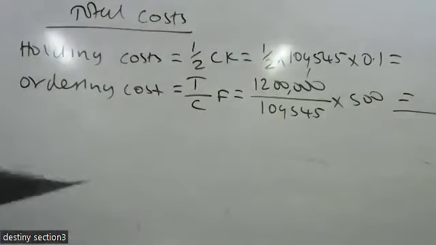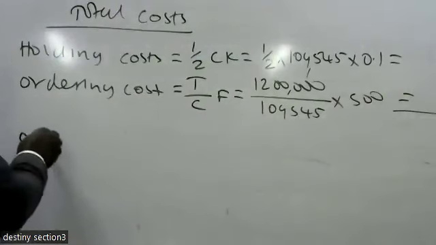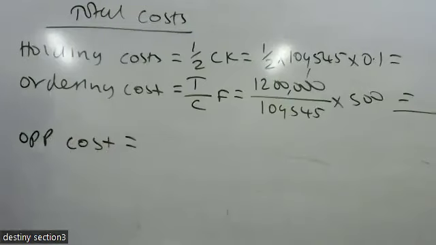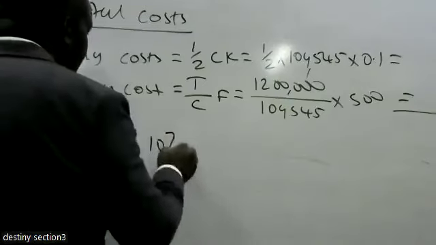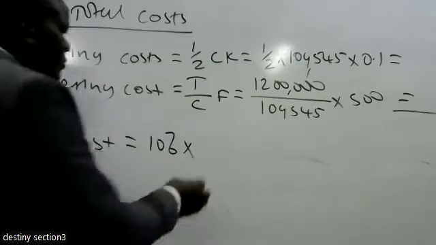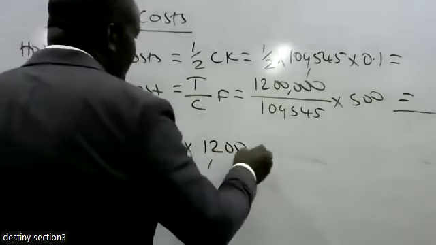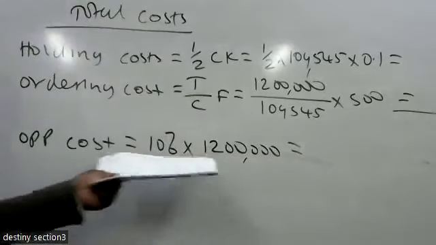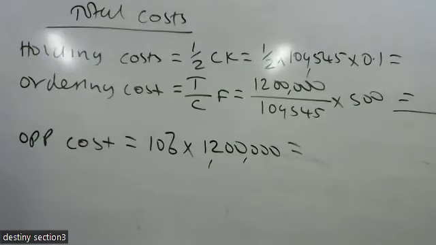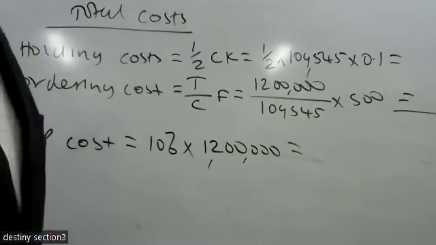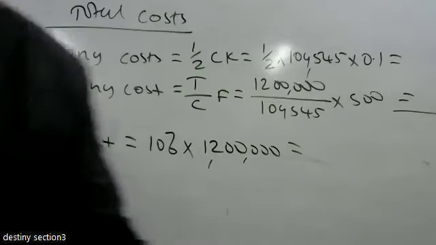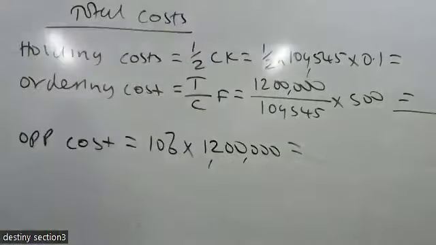To get that opportunity cost, simply take the interest rate, which is 10%, multiplied by the annual cash balance, which was 1.2 million. So the opportunity cost is simply the interest you charge on that amount, the interest per annum.